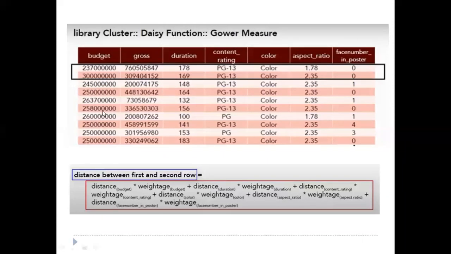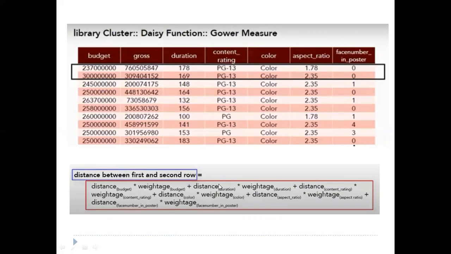Here I have the variables budget, gross, duration, content rating, color, aspect ratio, and face number in the poster. I'm taking the distance of all the variables along with the weightage. For the budget variable, I'm assuming it as a continuous variable, so I calculate the distance and assign the weightage.